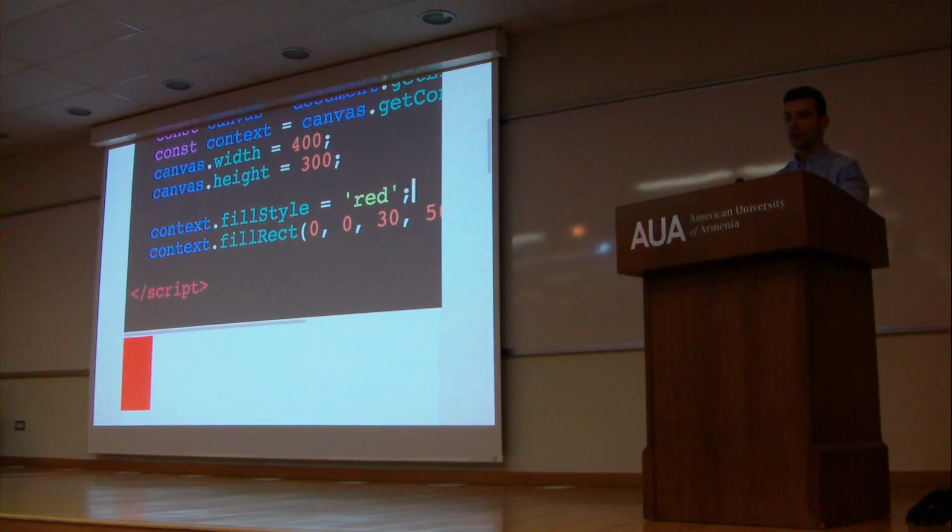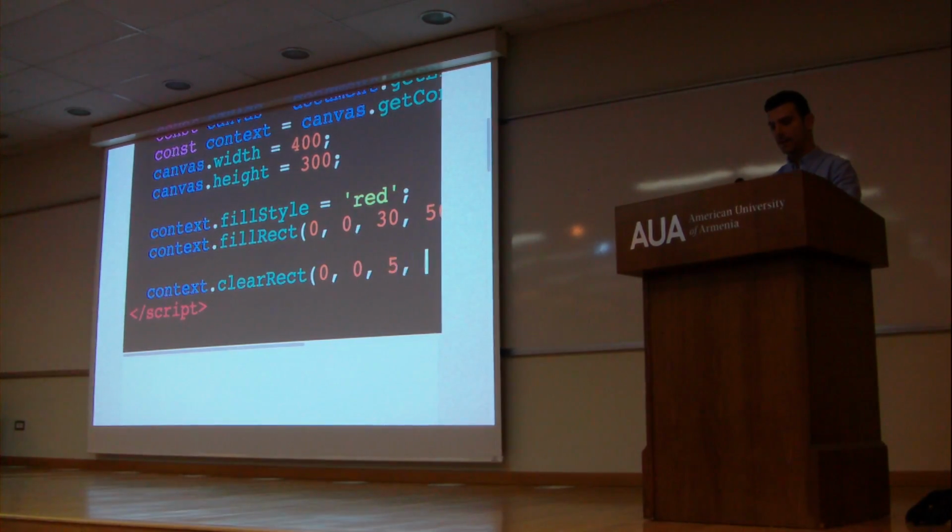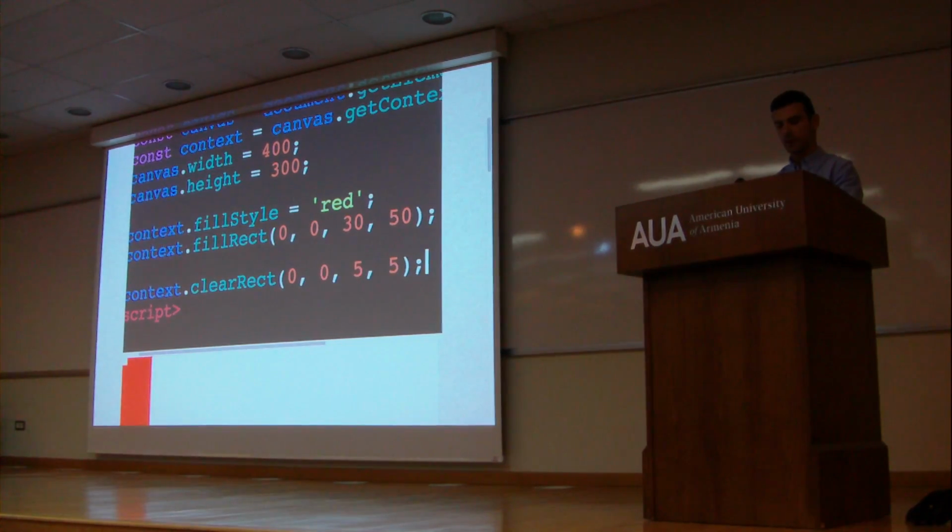Cool. All right. So now, we've learned that we can do this. We also learned that we can erase things, right? We have a notion of an eraser. Do you remember what function I can call to erase things? clearRect. So I can do context.clearRect. And let's just remove 0, 0, 5, and 5. There you go. Right?